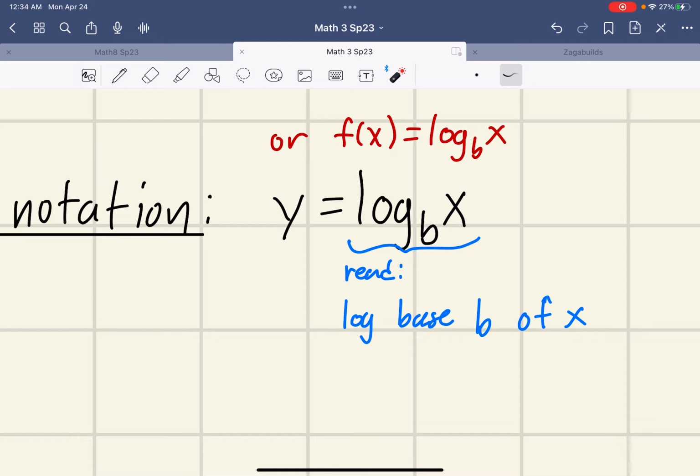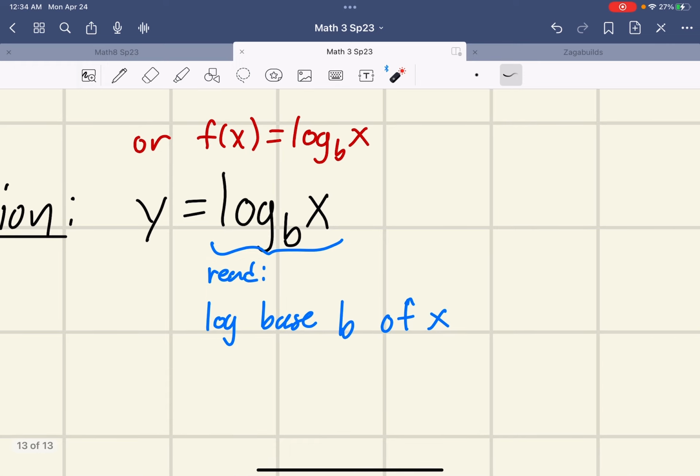So there is an equivalent form of finding or evaluating a logarithm. And this is the equivalent form that you're going to use all the time.